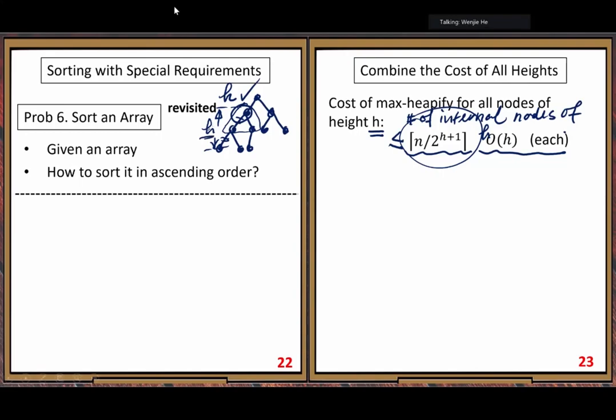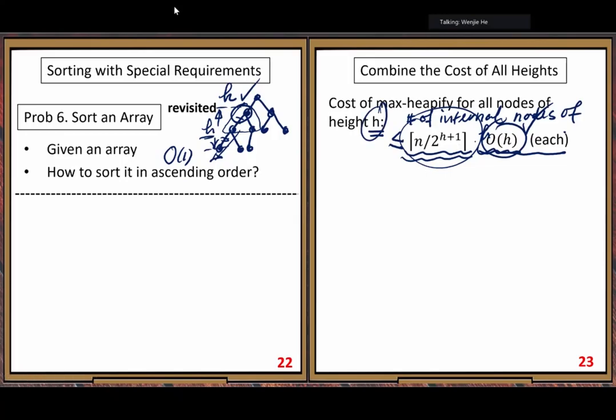h steps, right? Each local triangle, your cost is big-O of 1, right? Then you go h steps, so your cost is big-O of h. Each node, when you fix the violation, you need to pay this much cost. That is the cost you need to cover. But you have at the most this many internal nodes of this height.